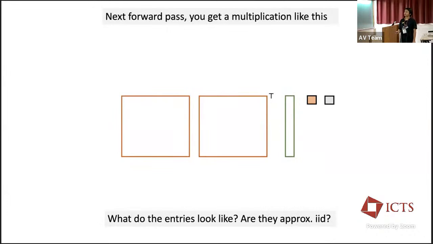So again, the question is, what do the entries look like? Are they approximately IID? If we can answer these questions in the affirmative, then we can continue to say that all the vectors in the tensor program are roughly IID, and we can keep track of the distribution. But right now, we can see the temporary difficulty in making that claim, because we don't know how to deal with this yet.